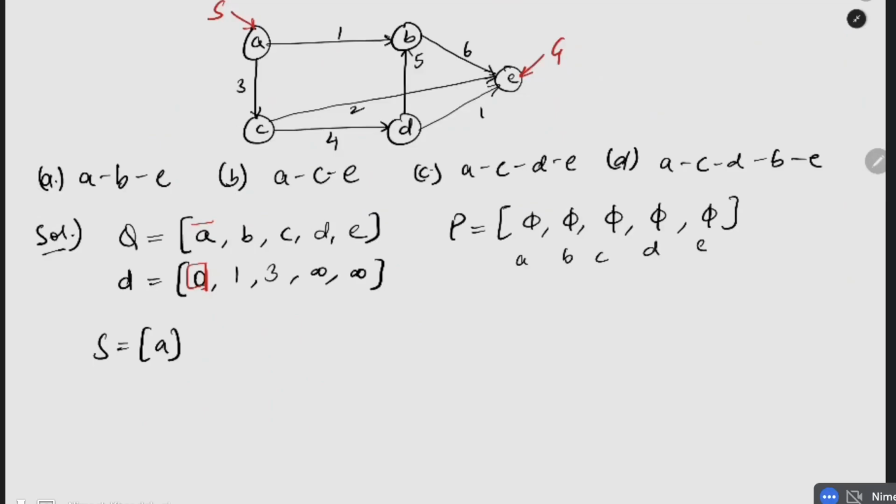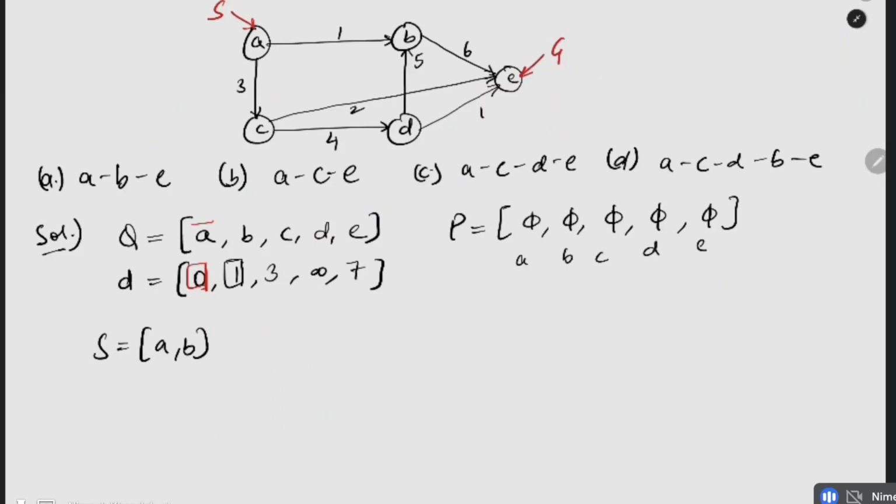Then in the next iteration, we take B, and we check for the vertices of B, and that is only E here. So the value of E will be updated to 7.